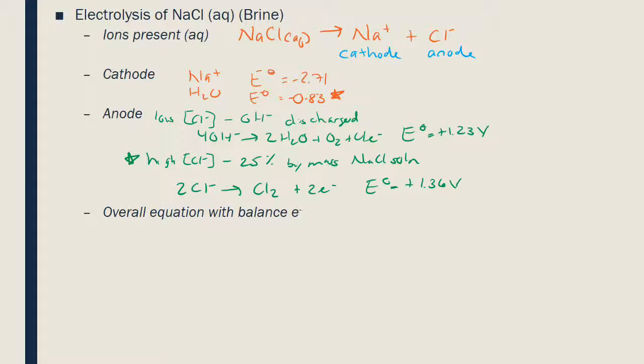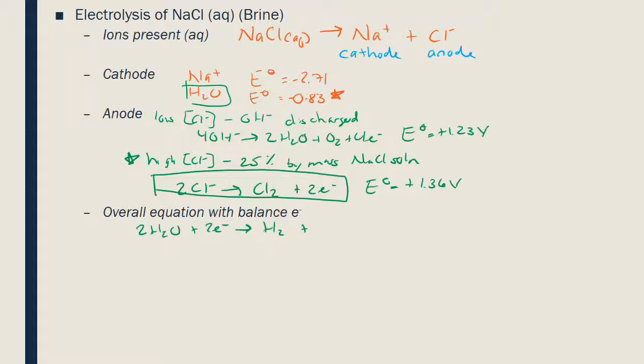So now we can go through and put together the full reaction, looking at the chlorine discharge and the water discharge. So we have 2 waters plus 2 electrons, which gives us H2 gas, one of the products we want out of this, and 2 hydroxide ions.